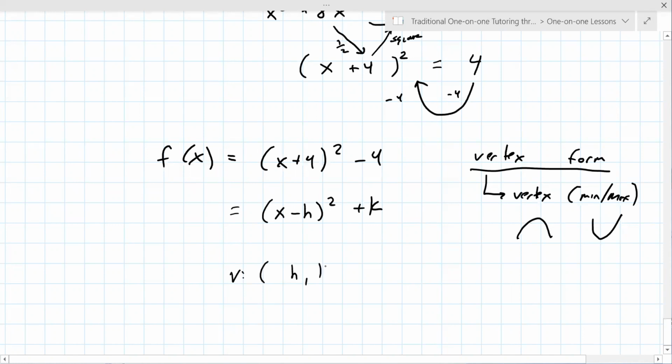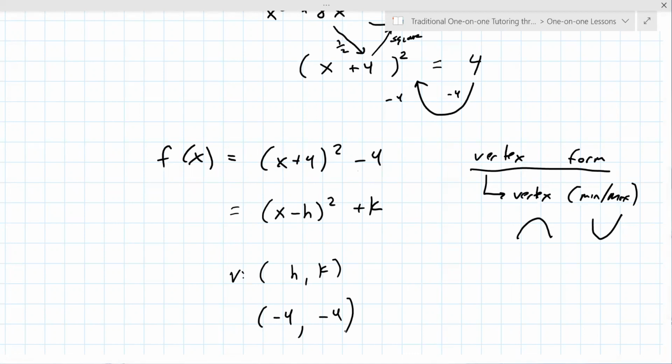The vertex is h comma k, but h is not this number, it's minus h, so you have to undo whatever this is. So long story short, it's minus 4 from this. K is always this other value over here, on the outside of all the parentheses. Yes, it's like the y in the other one.